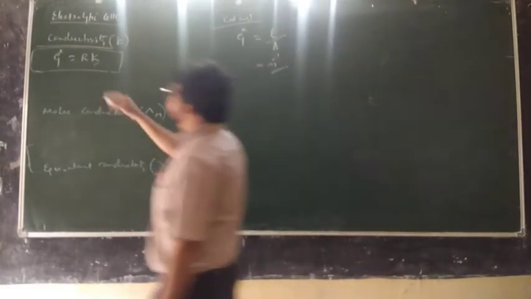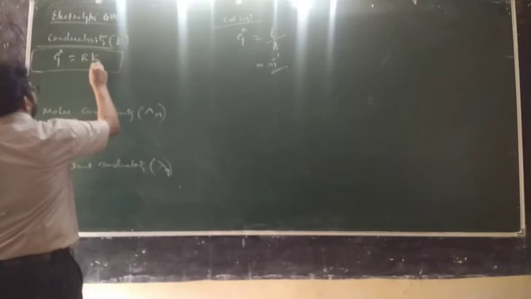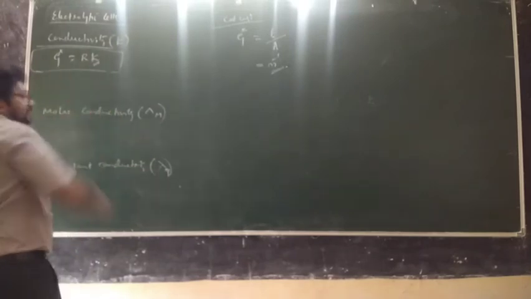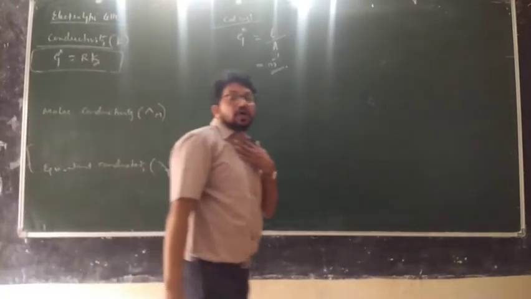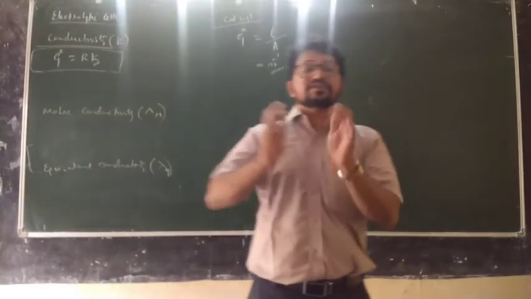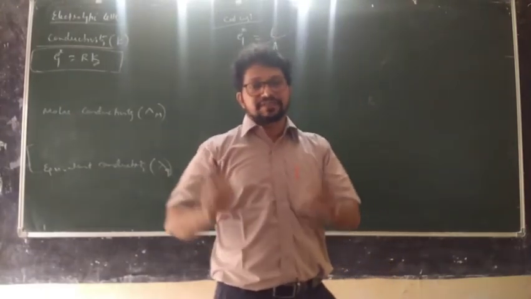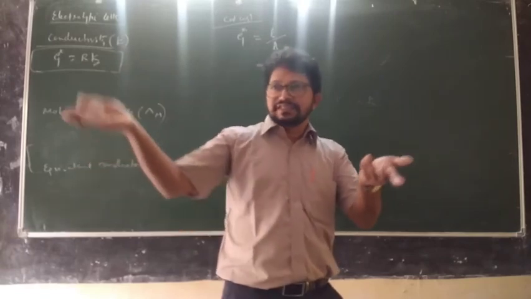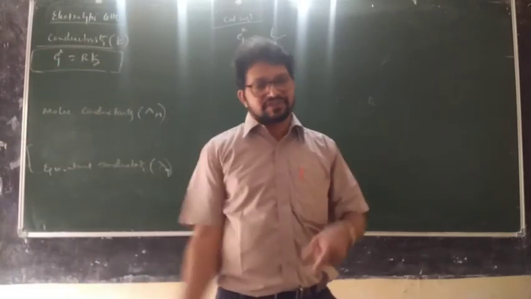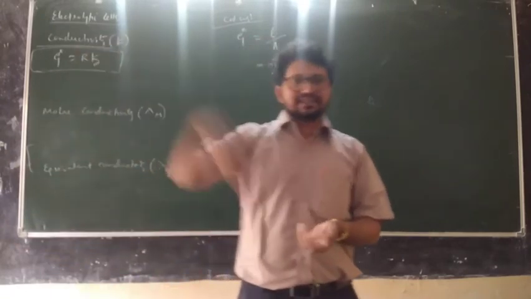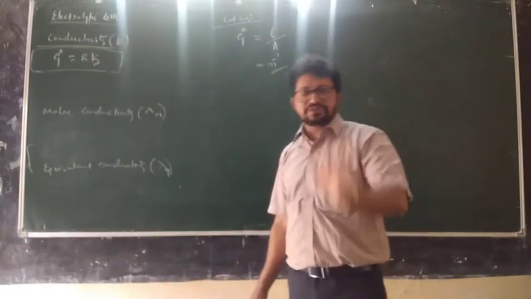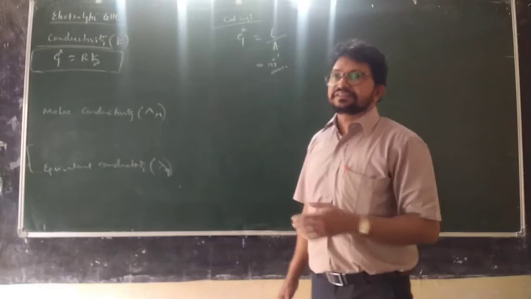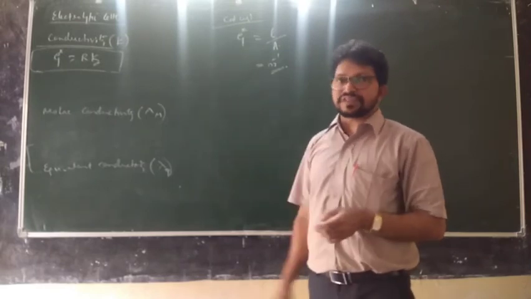So when resistance is known and conductivity is known, you can find the cell constant. Once the cell constant you have found, that becomes a permanent value to determine the conductivity of any other solution. Vacate this solution, fill the other solution. This is how conductivity of unknown solutions is measured.